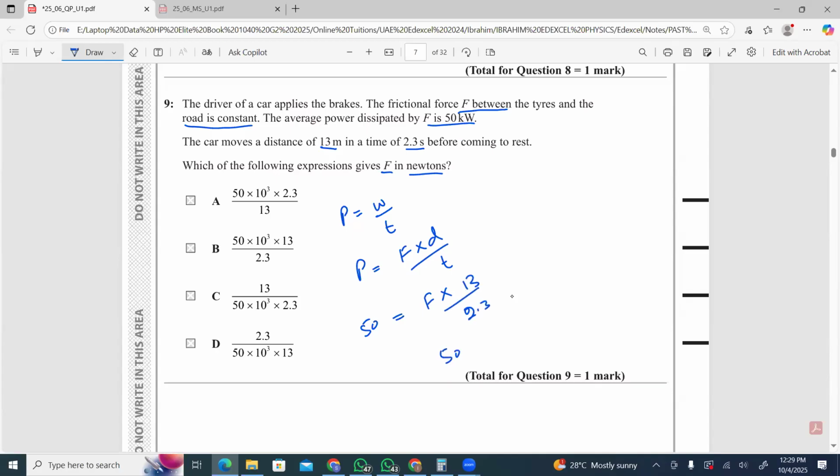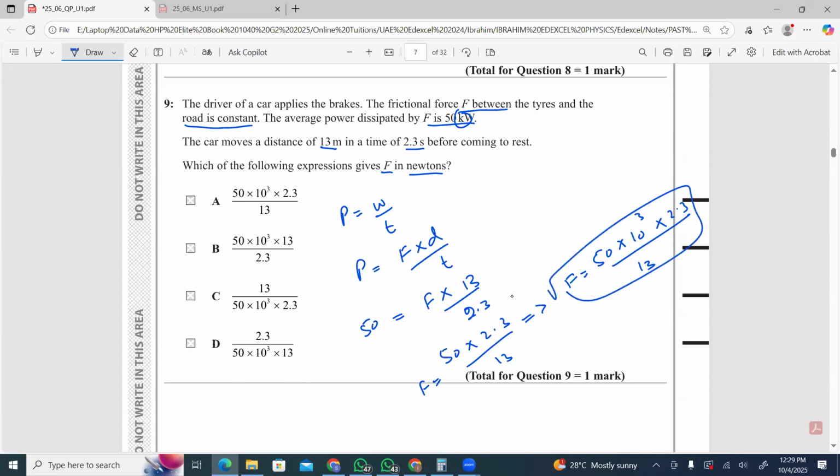So from here, 50 into 2.3 divided by 13. Since the power is in kilowatt, you need to write force to be 50 times 10 raised to the power 3 times 2.3 divided by 13. So this is going to be the option A, right?